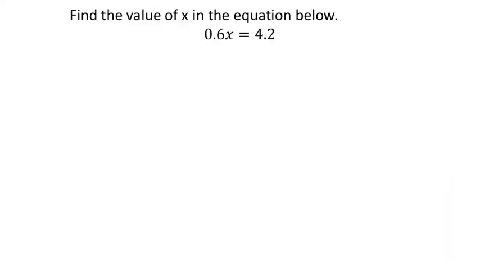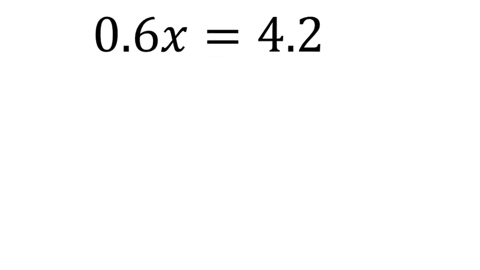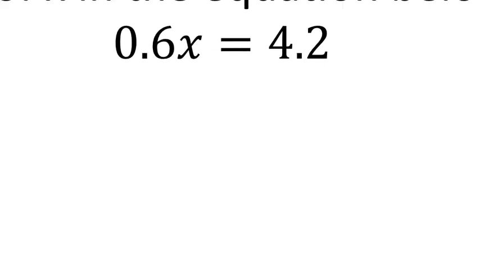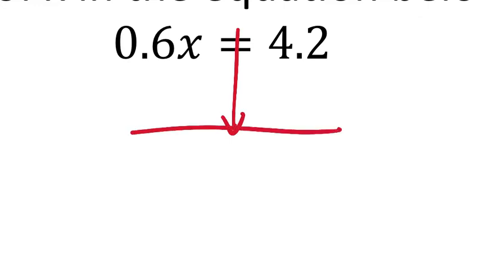So here we have a decimal value, and we're still solving for x. We still want to find a value of x that's going to make that true. But what do we really want out of this equation right here? It's the same thing we wanted on pretty much the last two: I want 1x. I do not want 0.6 x's.